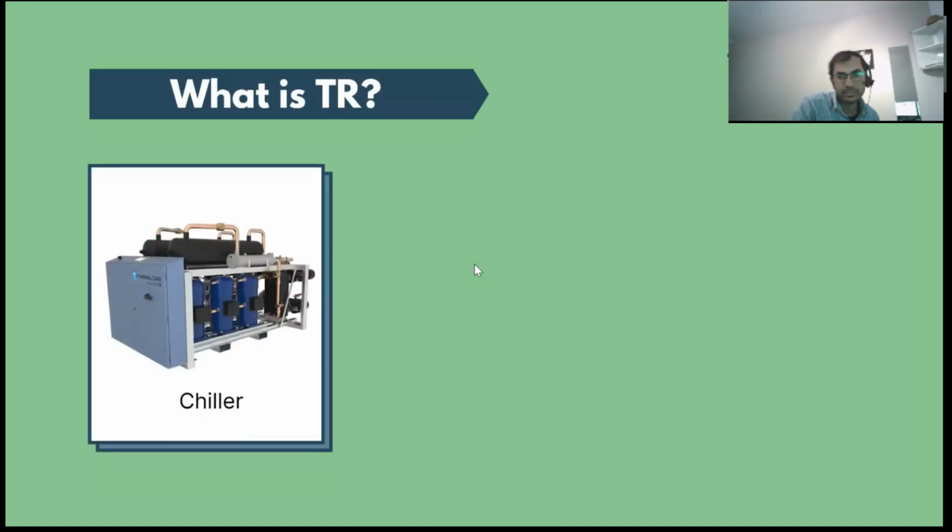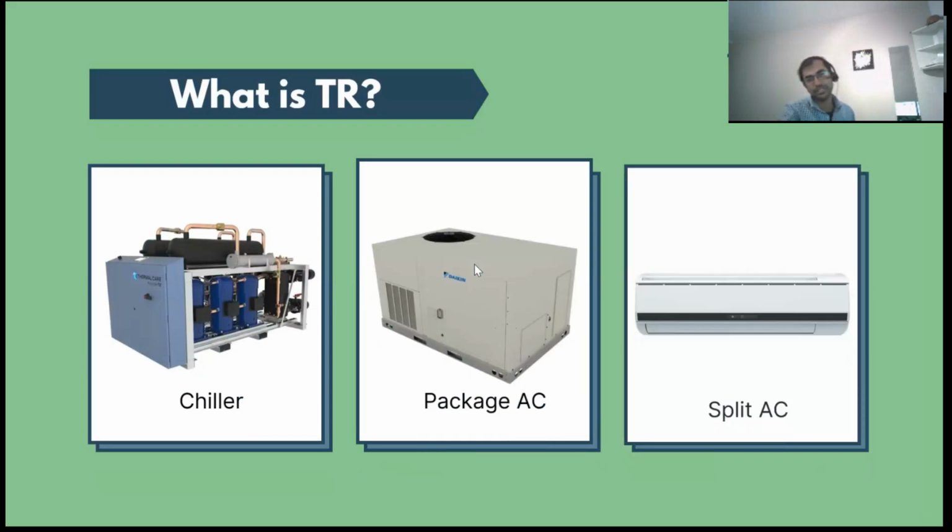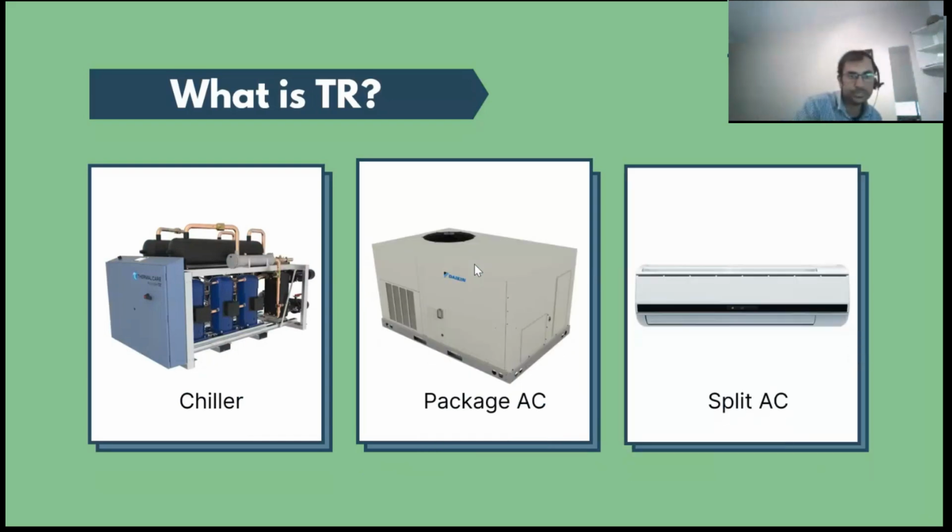If you see the chiller, the package AC, or even a split AC, any air conditioning equipment, many times a capacity is indicated in tonnage, TR. Many times it is kilowatt or other units as well. So we have to understand this basic term, TR.